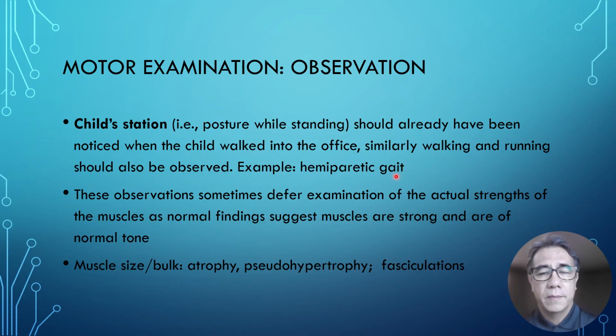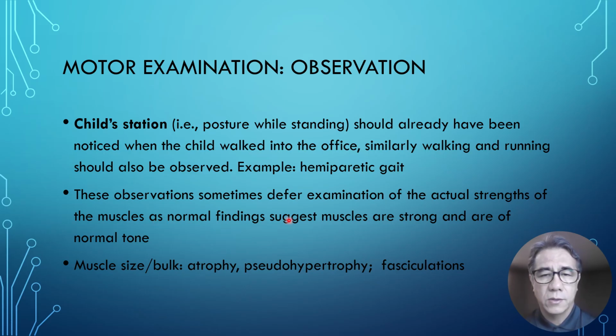In the motor examination, observe very carefully their posture while standing. And you should already have noticed their gait when they are walking into the office, if they can walk or run, if there's any abnormal dragging of the legs or abnormal swing of the arms.